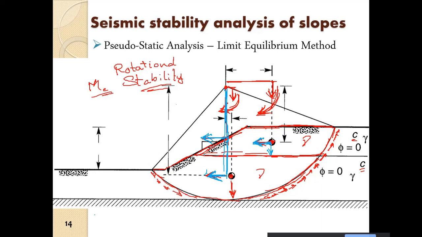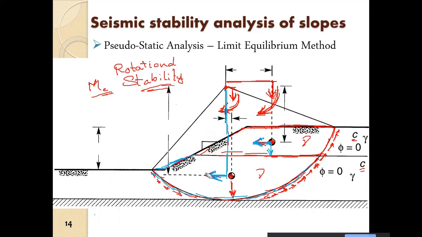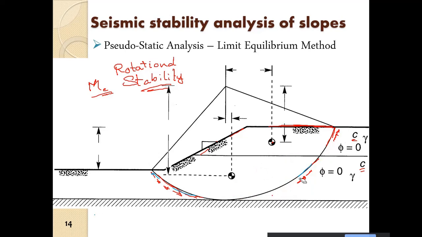So for the earthquake condition, we have an additional horizontal inertial force acting on the wedges, on the soil mass here, and it will be in the horizontal direction. As we have discussed earlier, I will just clearly mention it.